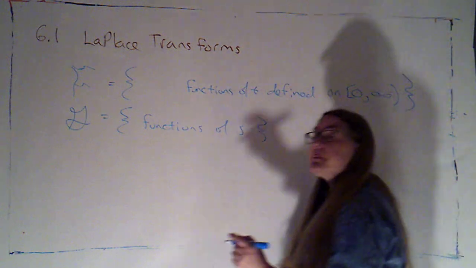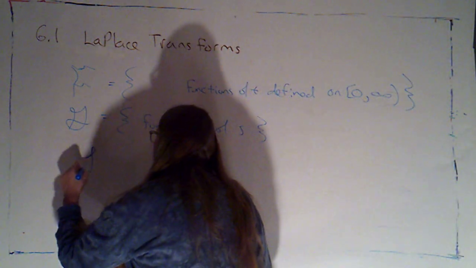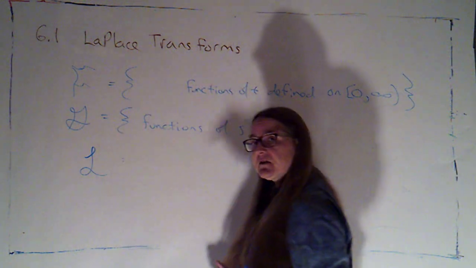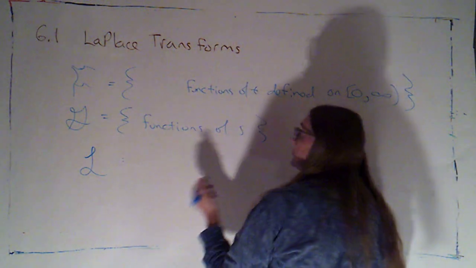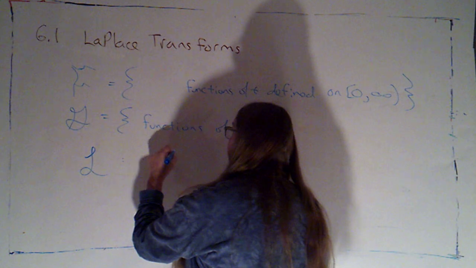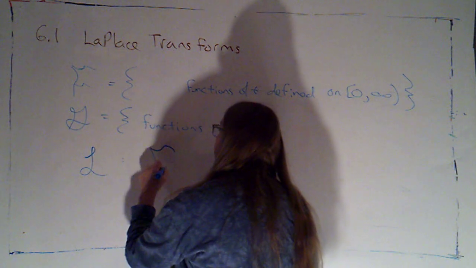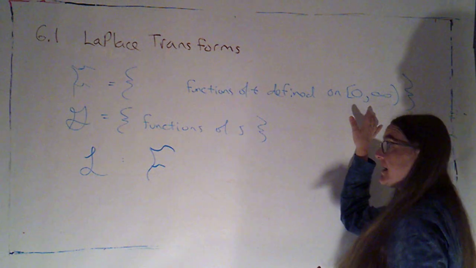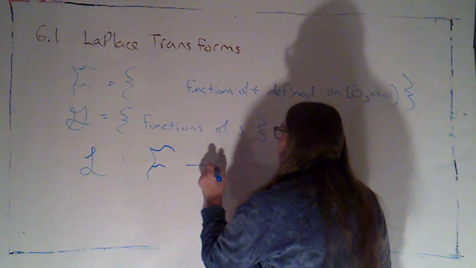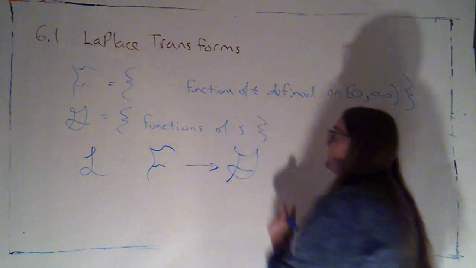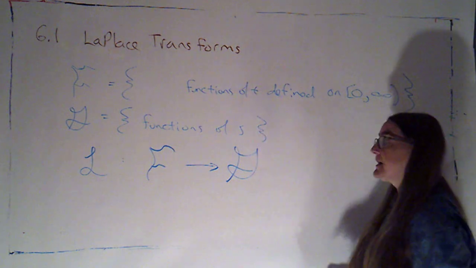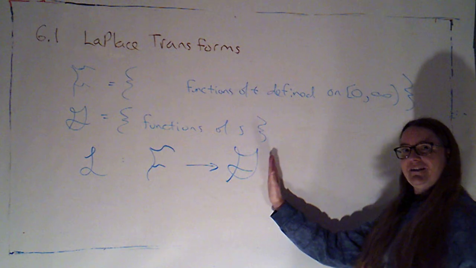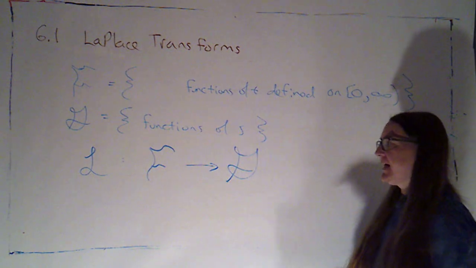Okay. The Laplace transform, which we're going to write as this fancy L, is essentially a function that sends functions that are elements of F, so functions of t that are defined on non-negative numbers, to G, to functions of s. So it's going to take a function of t as the input, and the output is a related function of s.